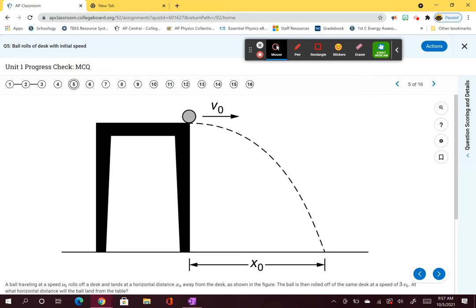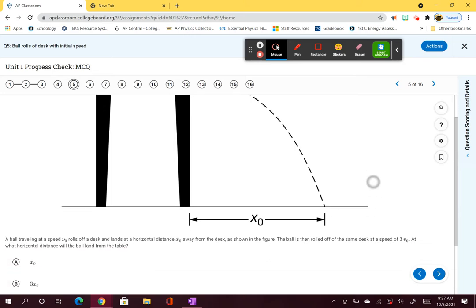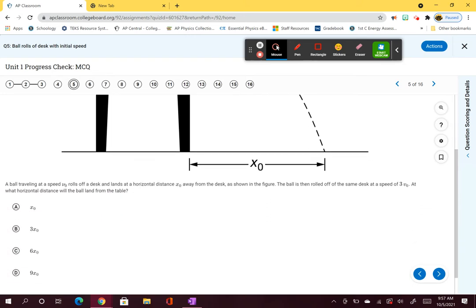The first time it rolls off, your velocity is just v0, and it hits the ground at x0. Well, now we're tripling our velocity. How would that affect the distance?